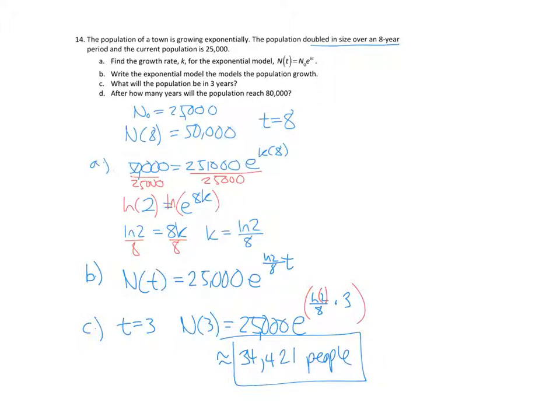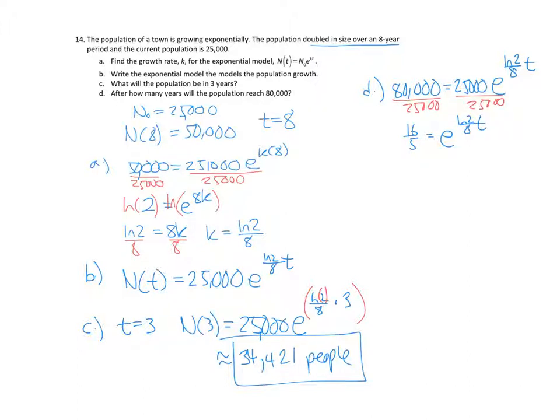And finally in part D, after how many years will the population reach 80,000? So we set 80,000, the amount after time t, equal to the initial population of 25,000 e to the natural log of 2 over 8 t, and we're solving for t. So we divide both sides by 25,000, and we get 16 over 5 equals e to the natural log of 2 over 8 t.